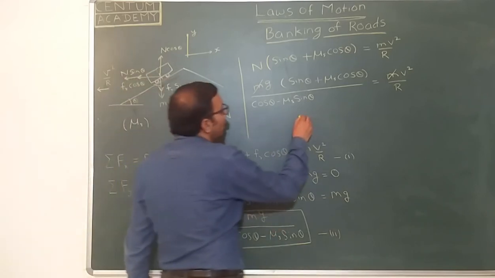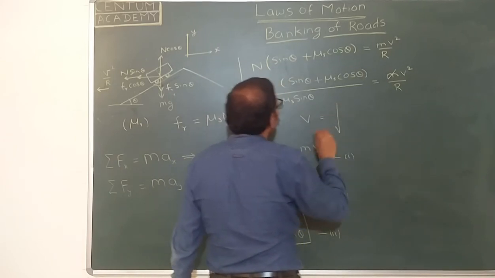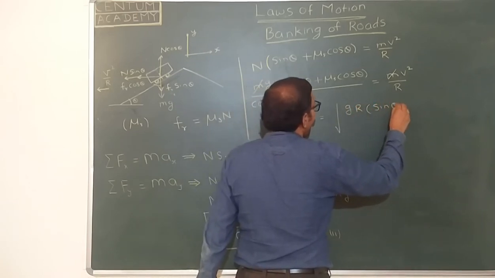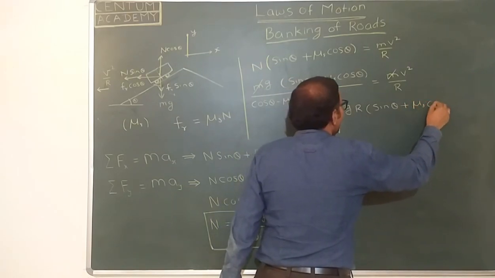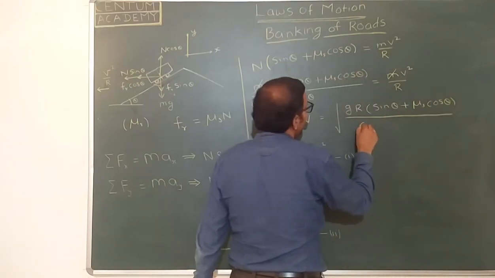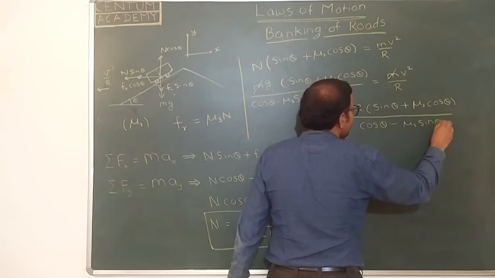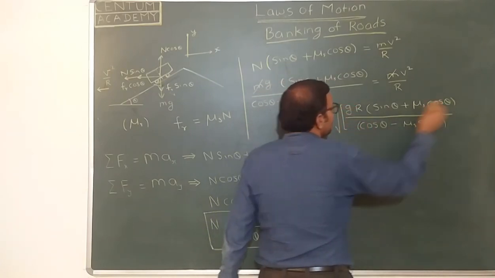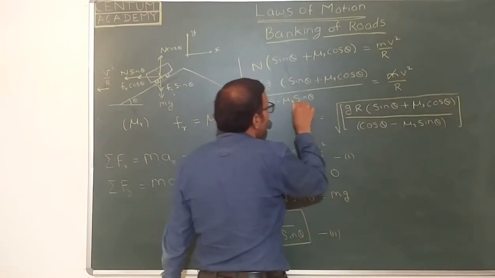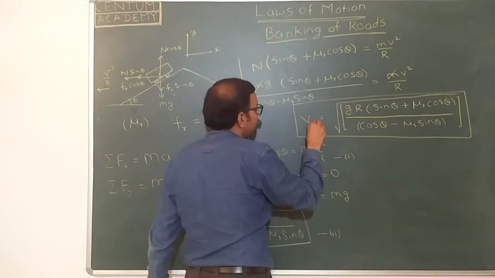So velocity is equal to under root of gr times sin theta plus mu s cos theta divided by cos theta minus mu s sin theta. So this is the maximum possible velocity.